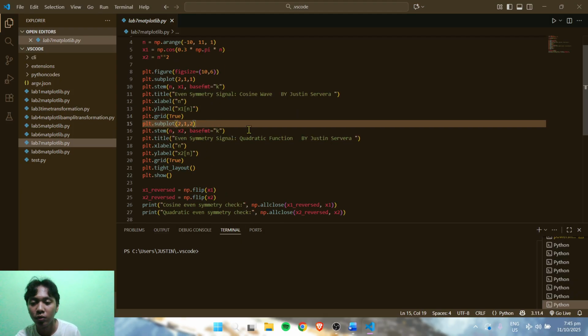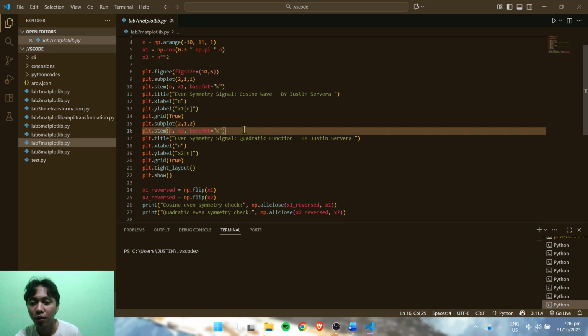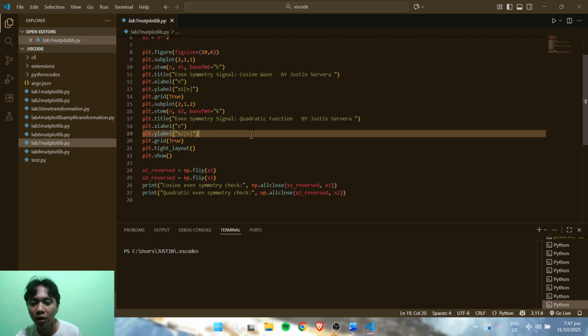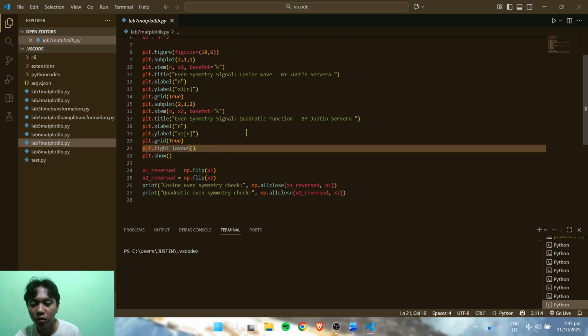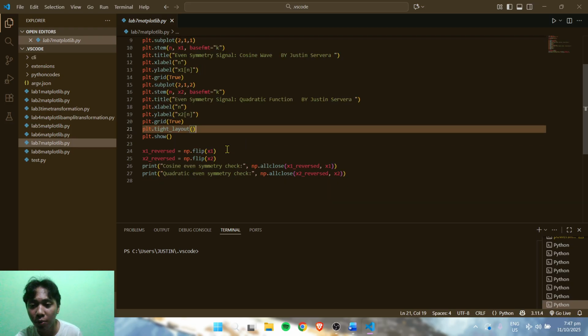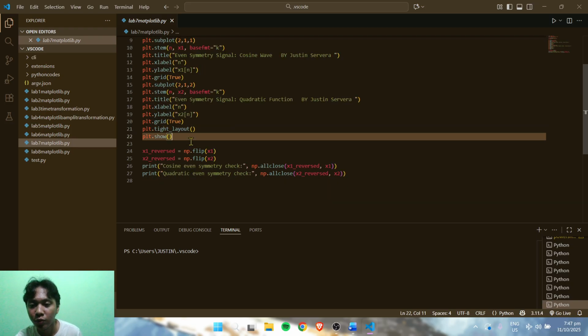Subplot 2 is for the quadratic function. The graph will show a parabola shape of n raised to 2, which is the same on both sides. And for the title and label, of course, and for the grid and the layout. The layout prevents the titles and labels from overlapping, and of course, to show the plot.